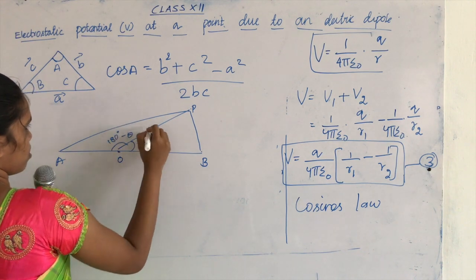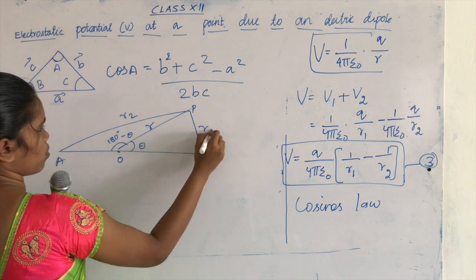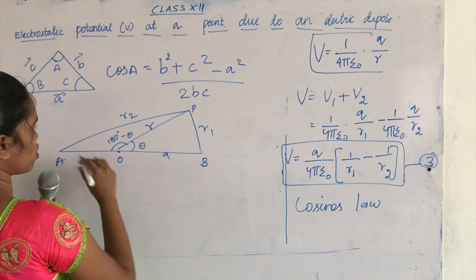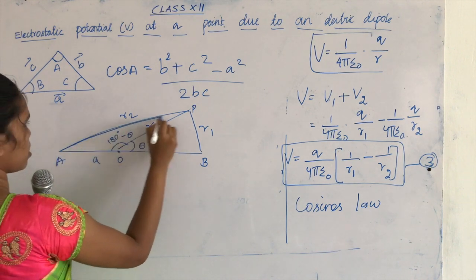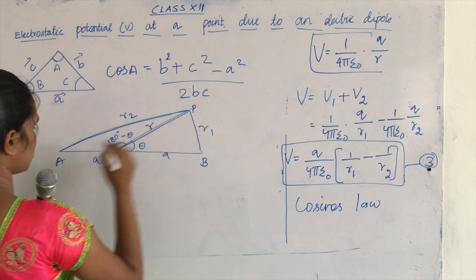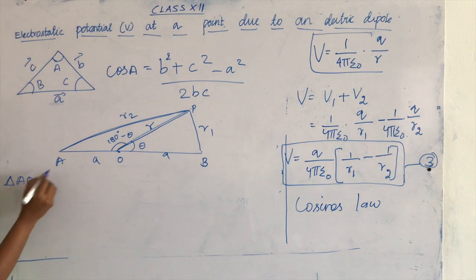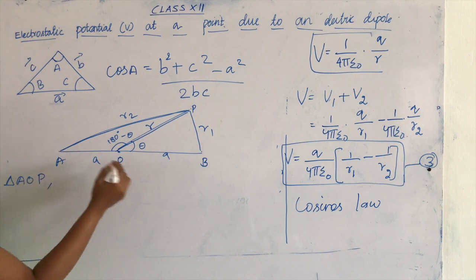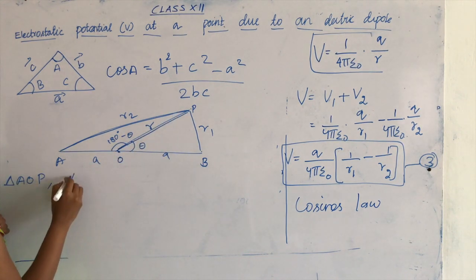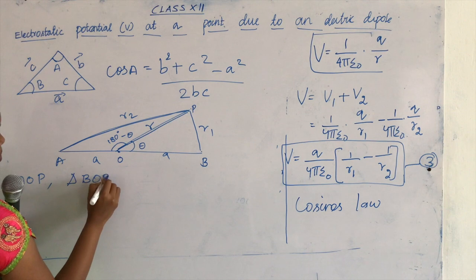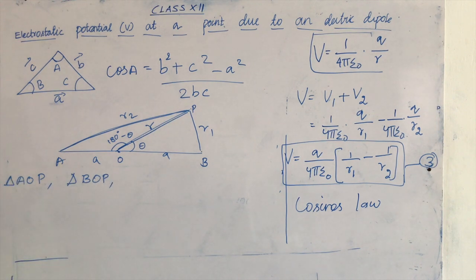This is R, R2, R1, A, A. Two triangles are here: triangle AOP and triangle BOP.